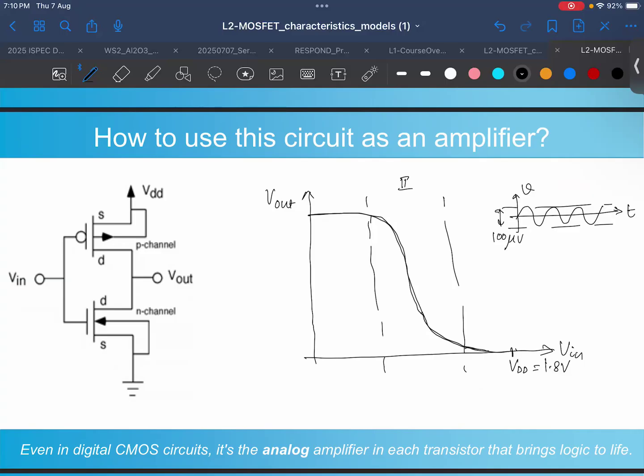So now, where would I put this? First of all, I know clearly that in region 1 and 3, if I put this signal directly here, it is useless because there is no gain in this region, right? So I have to put this signal in this region. Now to put this into this region, I have to first come to this region. And how do I come to this region?